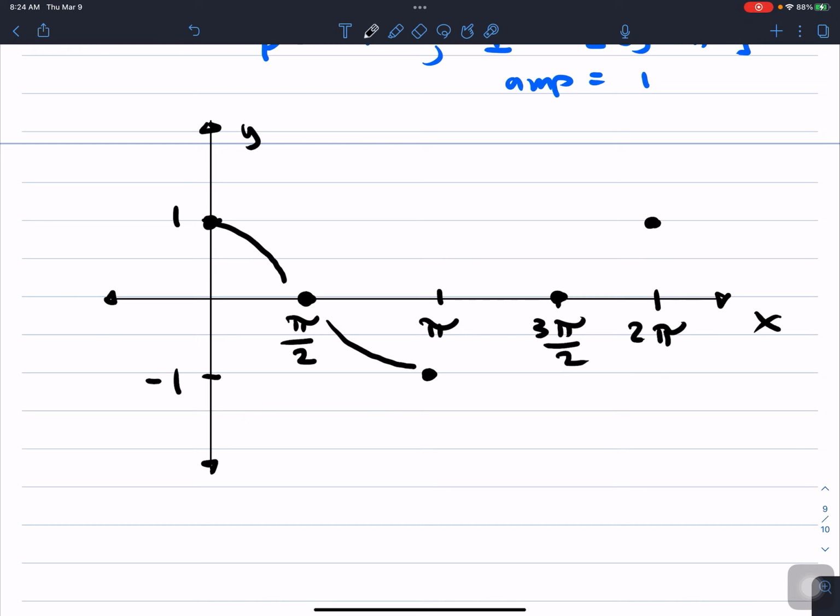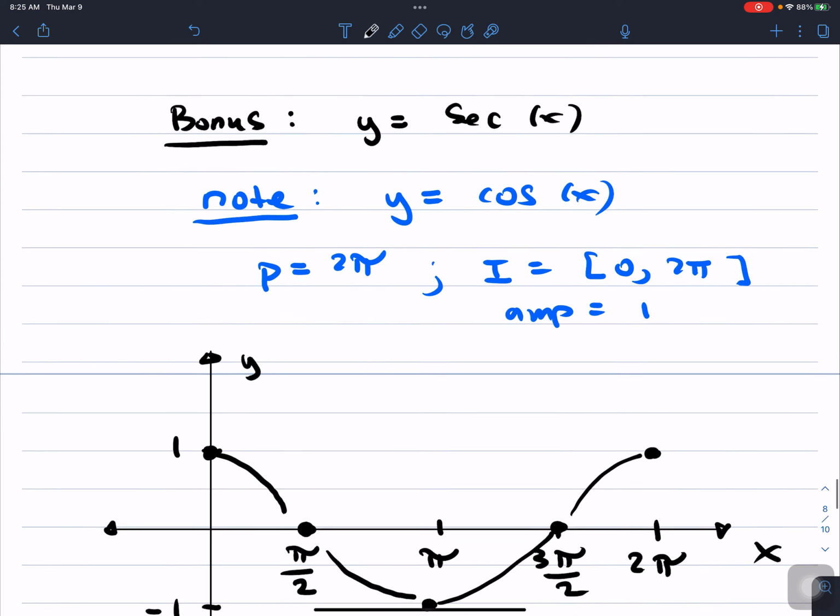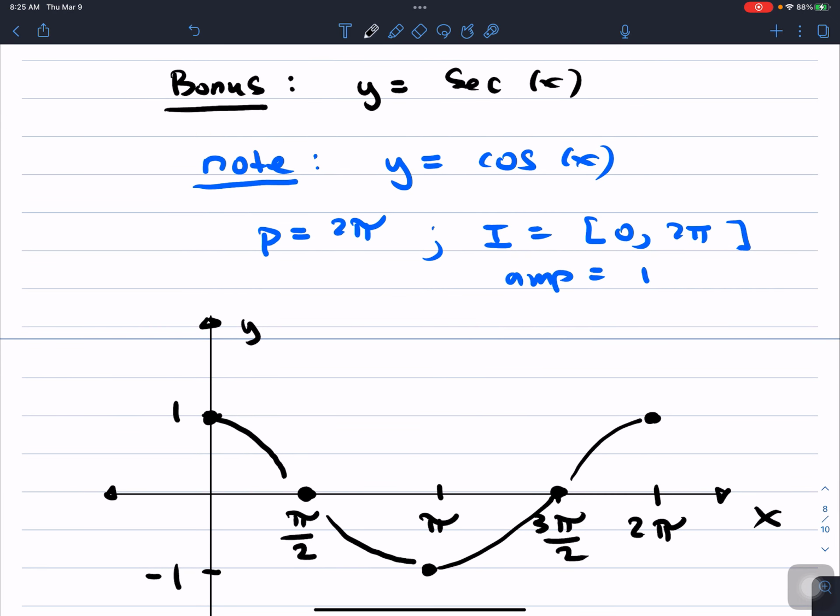Can't even sketch. So, ladies and gentlemen, there's your cosine curve. But what in the world does it have to do with secant? Do you guys know what it has to do with secant? Well, cosine and sine are reciprocals.